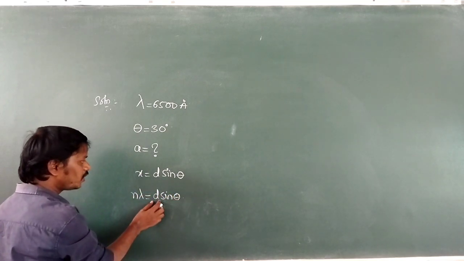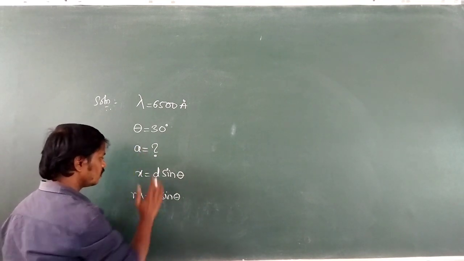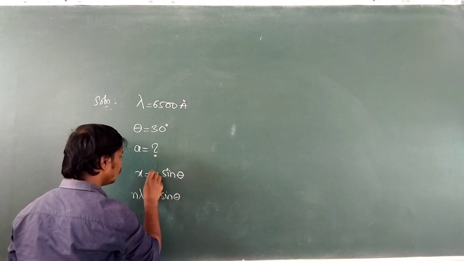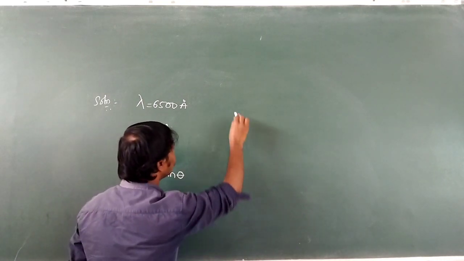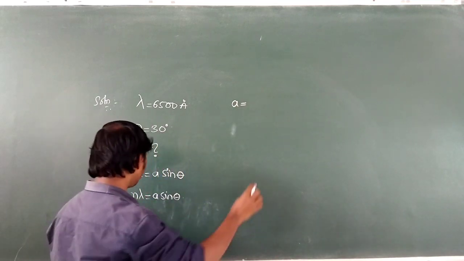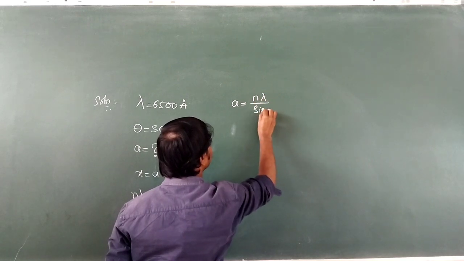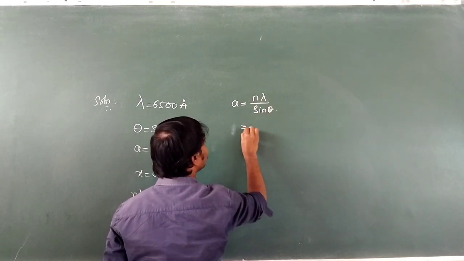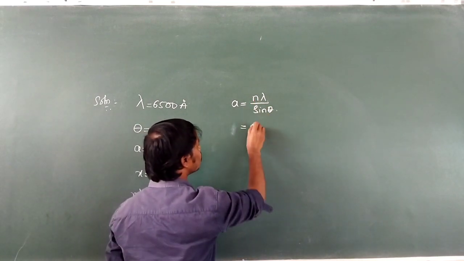Then instead of d I will take a, because here the slit width is given as a. Our aim is to find a, the slit width. Then a is equal to n into lambda divided by sin theta. For the first minimum, what is the n value? It is 1, so n can be replaced by 1.